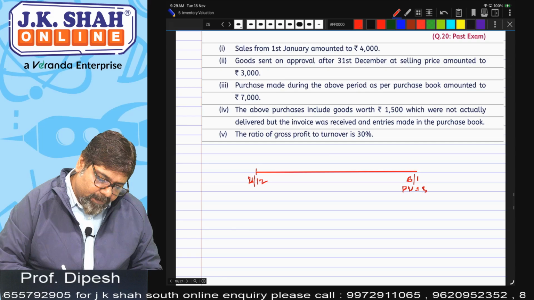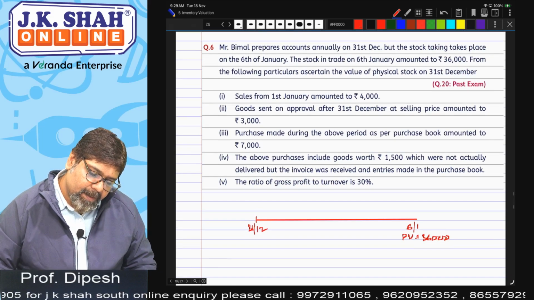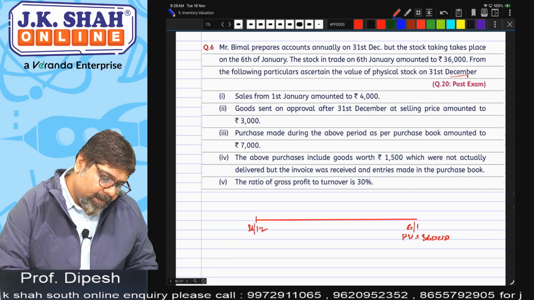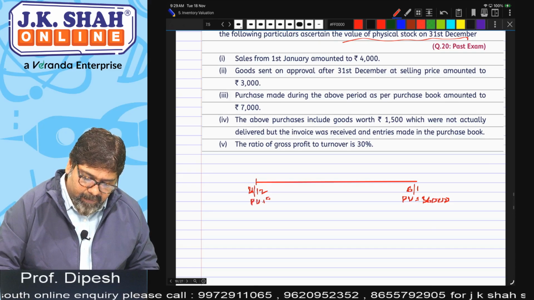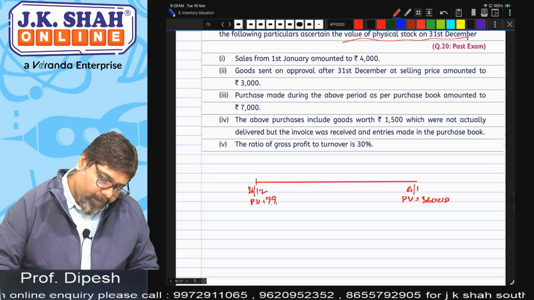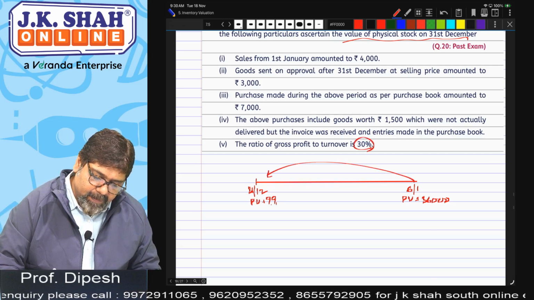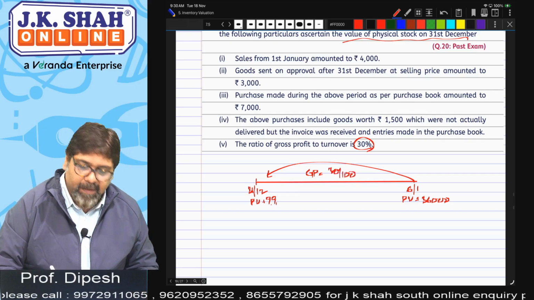Physical value 36,000, and they are supposed to find out the physical value on 31st of December. Now chartered, you will always move towards year end. GP is 30%, that is 30 by 100. Correct?